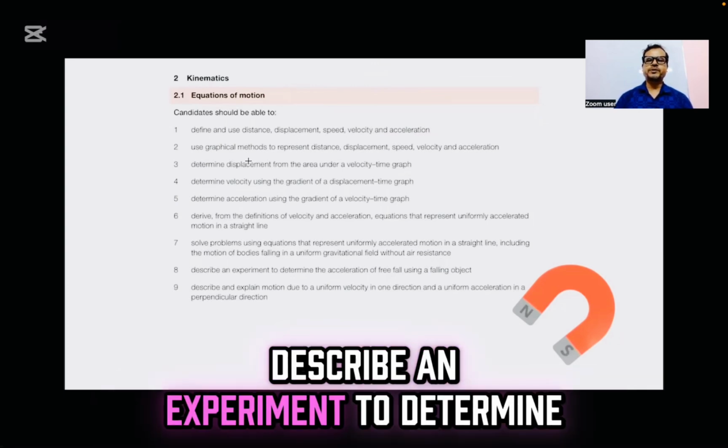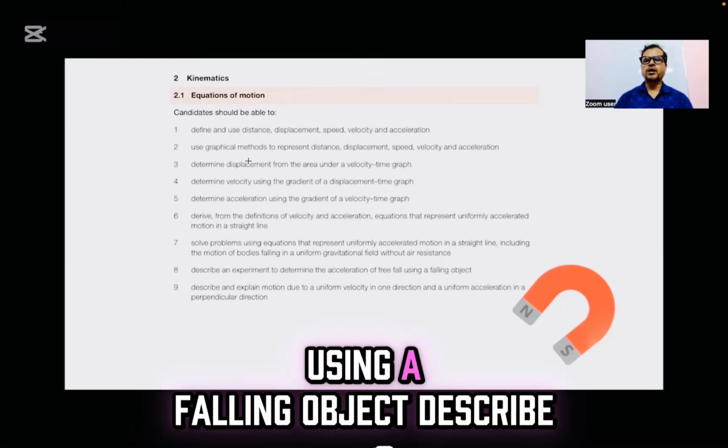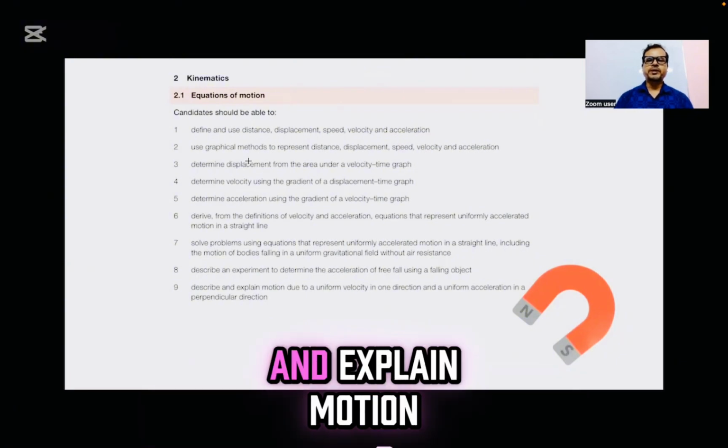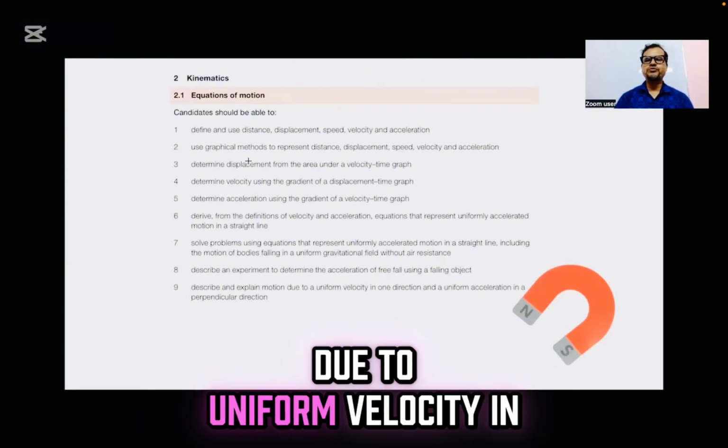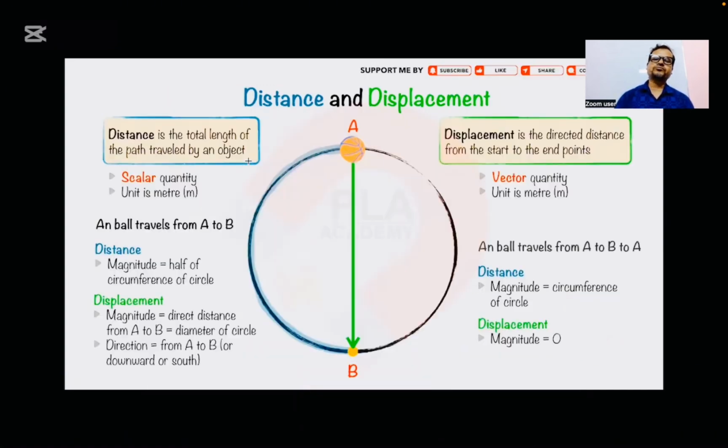Describe an experiment to determine the acceleration of free fall using a falling object. Describe and explain motion due to uniform velocity in one direction and uniform acceleration in a perpendicular direction.